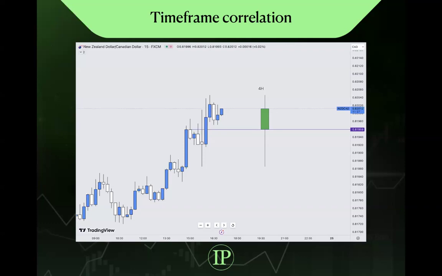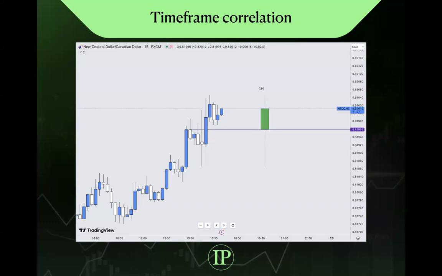On the 15-minute time frame where you see the blue and white candles, where it touches that white candle going down, that is where the 4-hour candle opened. It formed by going down first and then up.